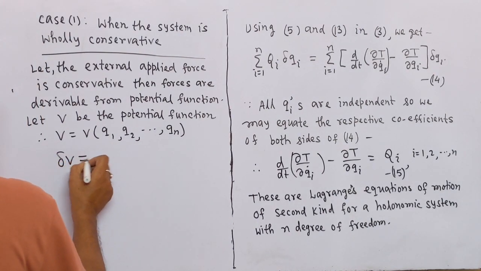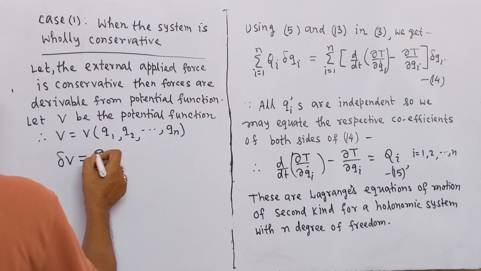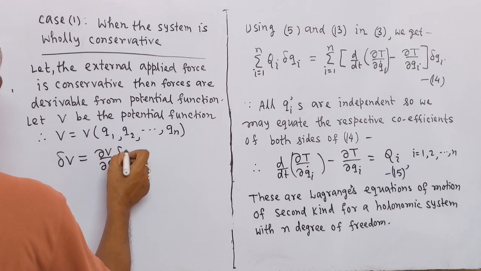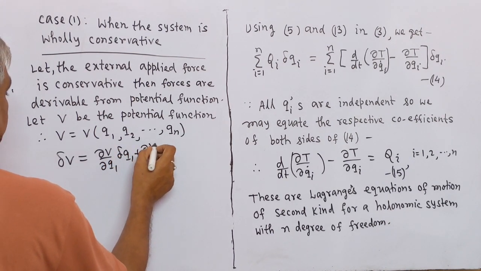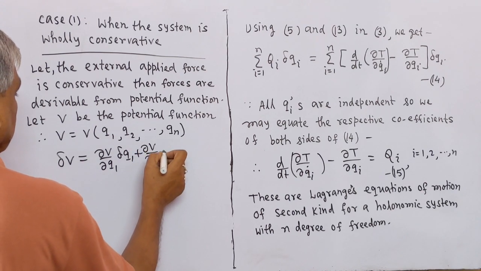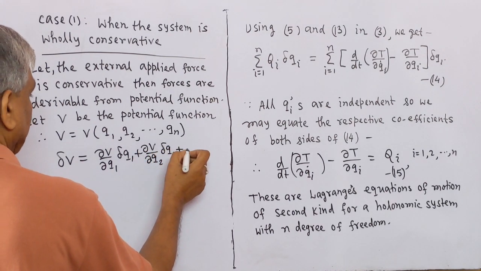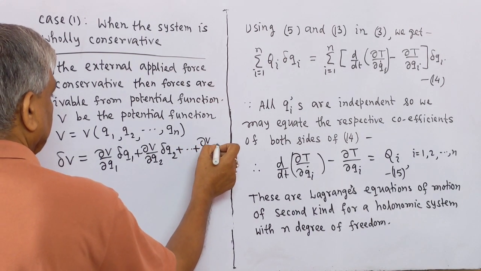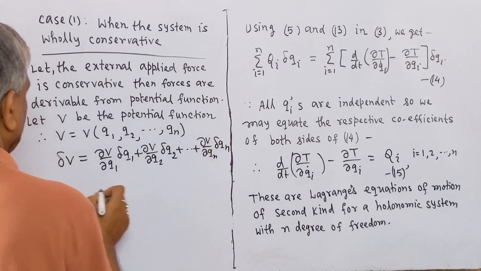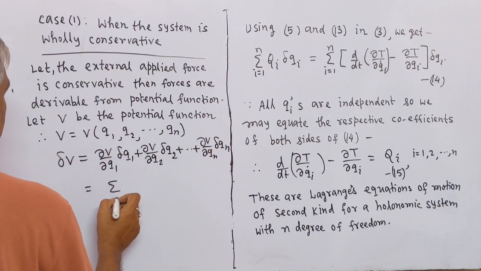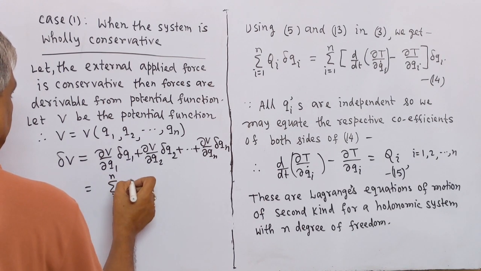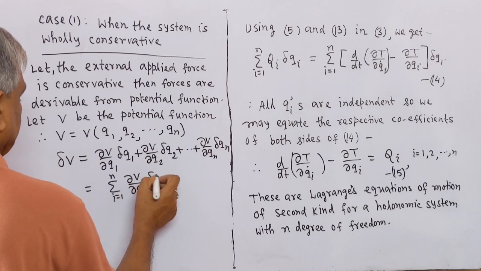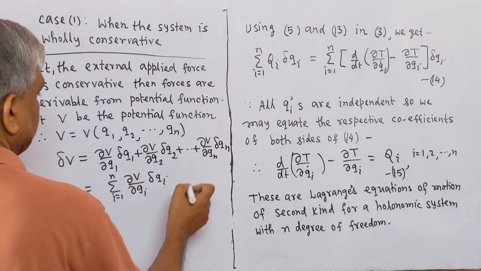Delta V equal to partial derivative of V with respect to q1 delta q1 plus partial derivative of V with respect to q2 delta q2 plus ... partial derivative of V with respect to qn delta qn, and this will be equal to sigma i equal to 1 to n partial derivative of V with respect to qi delta qi. This is number 16.